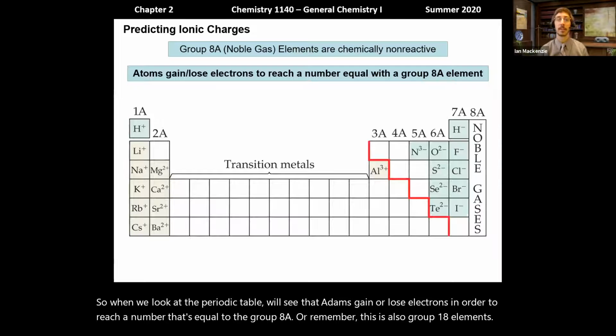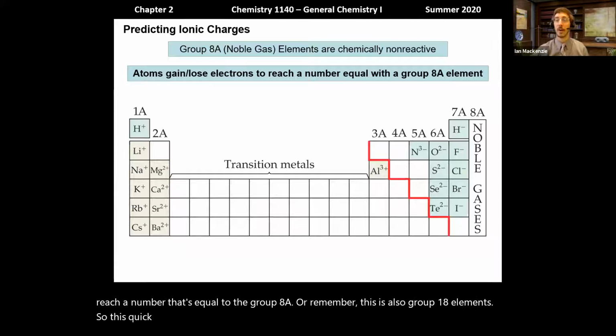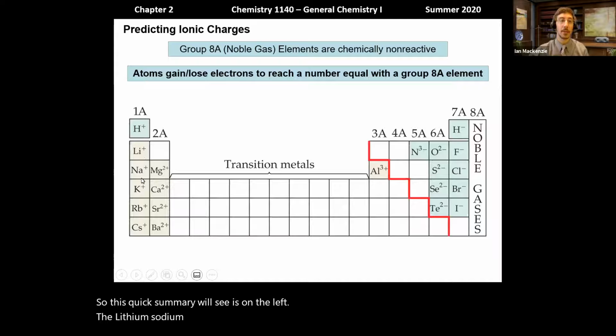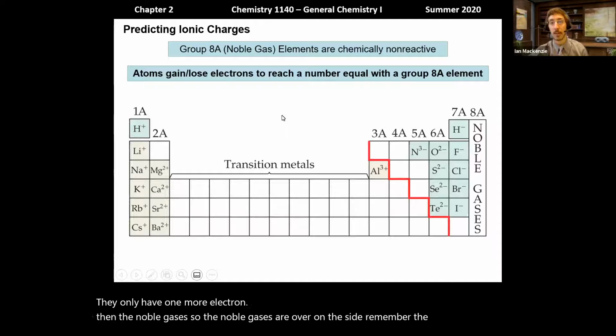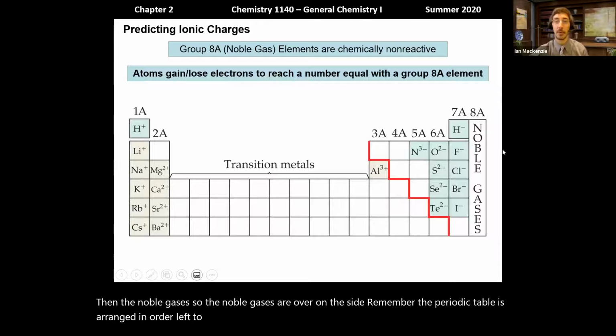So here's just a quick summary. What we'll see is on the left, the lithium, sodium, the alkali metals, they only have one more electron than the noble gases. So the noble gases are over on this side. Remember, the periodic table is arranged in order, left to right, increasing atomic number, which means also increasing number of electrons.